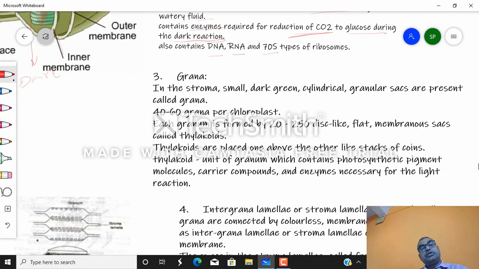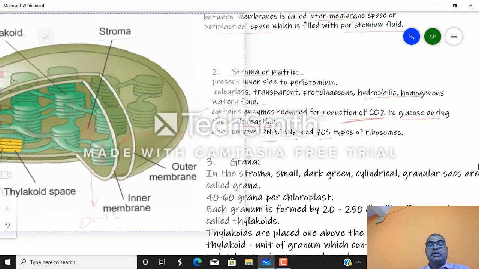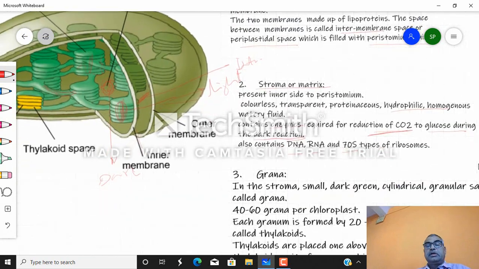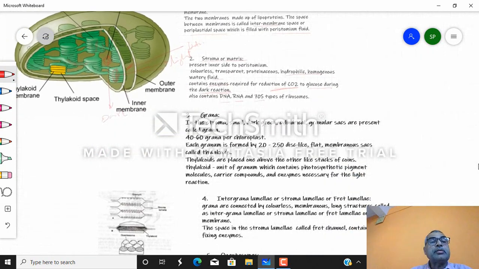You see here, this one is a region of a granum. These are the granum regions, all of these are regions of the granum. In the stroma, small dark green cylindrical granular sacs are present, which are called grana.